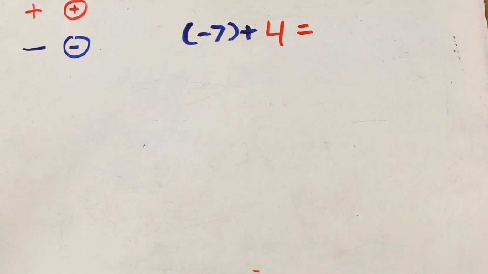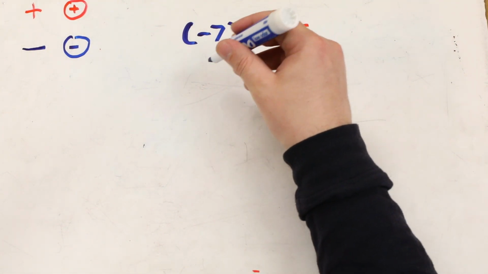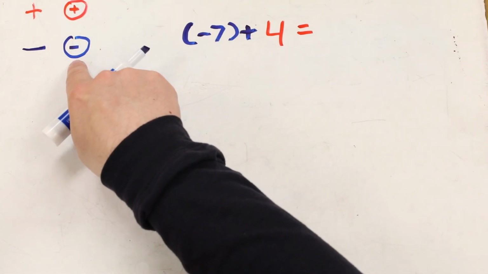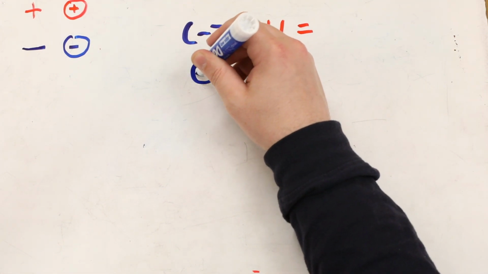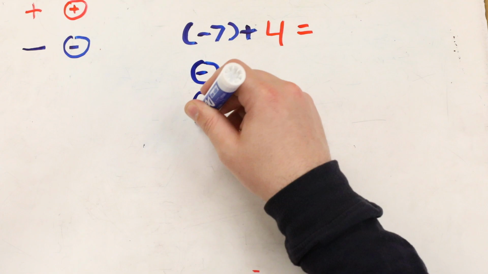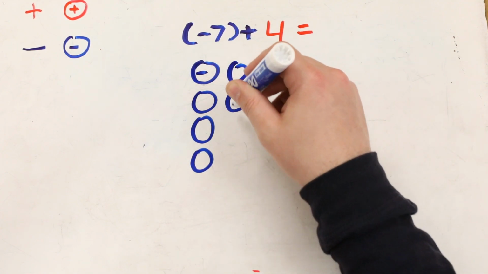And so we can draw out this question to help us figure out what the answer is. First of all, I'm going to draw out 7 negatives, and I'm going to use my little legend over there to show that. So 1, 2, 3, 4, 5, 6, 7.